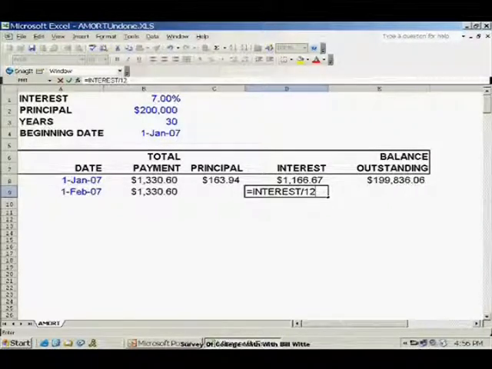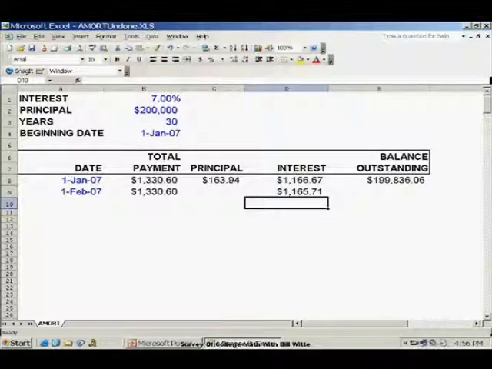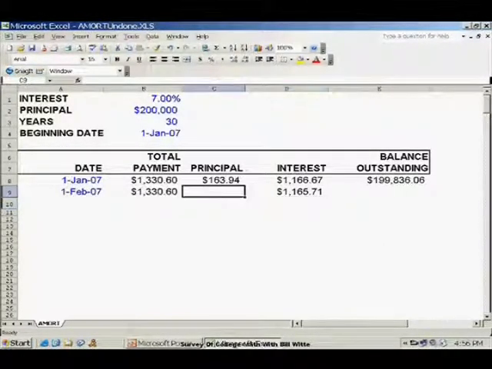And this time, not times the 200,000, but rather times my outstanding balance. Okay? Now, do you expect that to be more or less? Hopefully you understand. Since you owe less at this point, it's only a month later, you're going to pay less. So our interest only went down $1, but I know what's going to happen with the principal then.